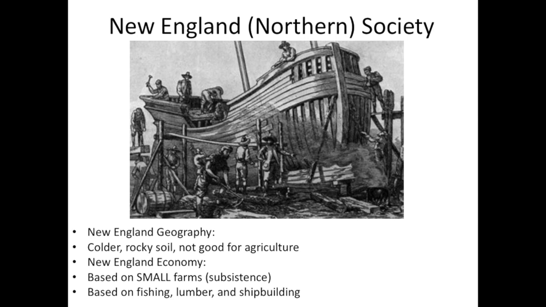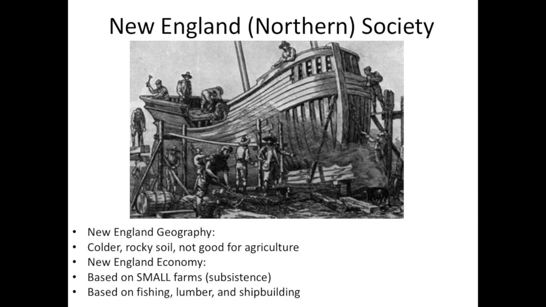One other thing to mention about shipbuilding is that the northern colonies are going to be very good at shipbuilding by the time that the United States forms. And in the War of 1812, which we'll get to later on in Unit 3, the northern states have become so good at shipbuilding that they're able to actually take on England's very strong navy in some battles, especially in the Great Lakes.